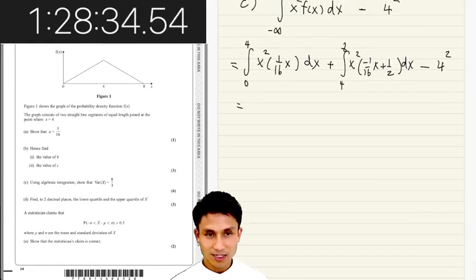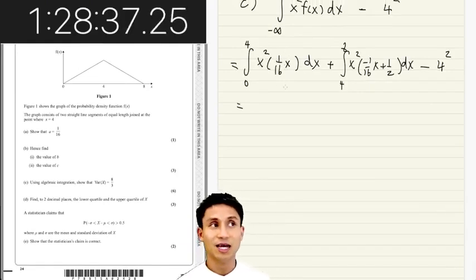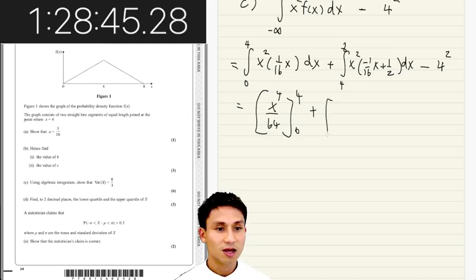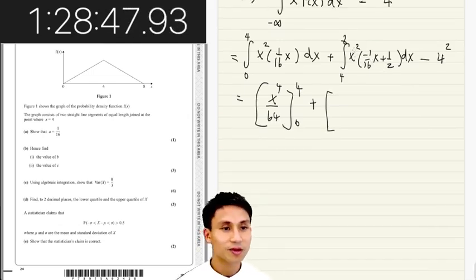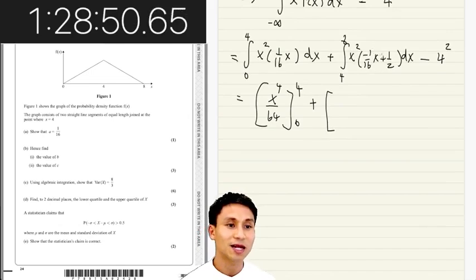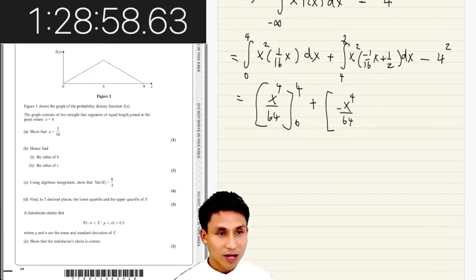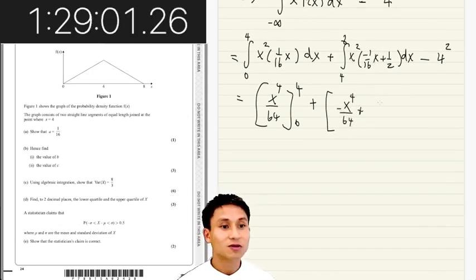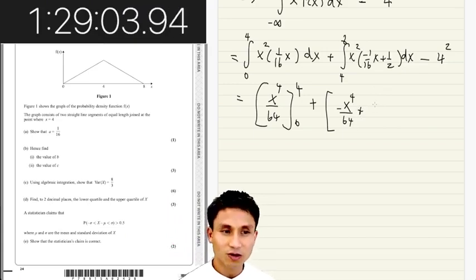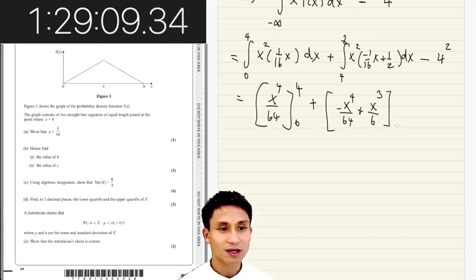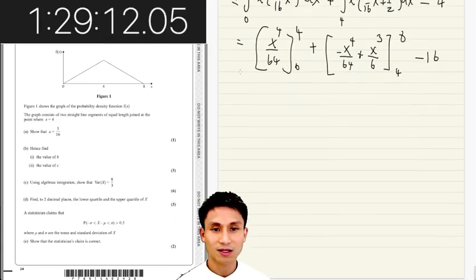So this is x cubed. We integrate x cubed, we get x to the 4 over 4, so that would be x to the 4 over 64, substituting in the bounds. And then if you expand the x squared in there, you get x cubed. Again, integrating, we get minus x to the 4 over 64 for that term. Expanding x squared into 1/2, we get x squared, and integrating x squared gives x cubed over 3, which multiplying by 2 gives x cubed over 6, from 4 to 8, and then minus 16 there.